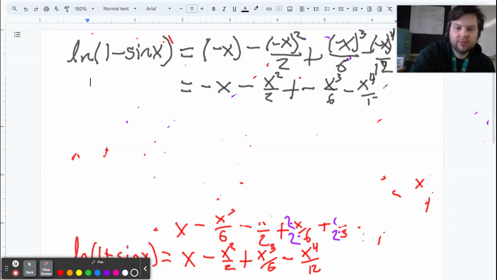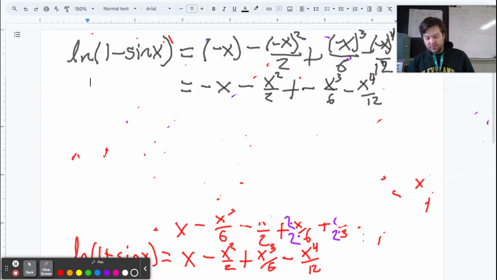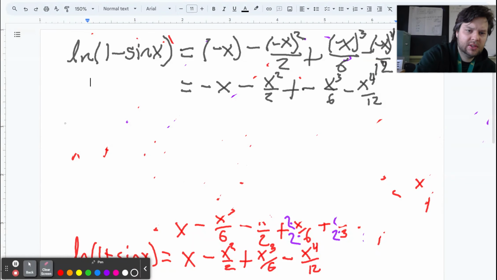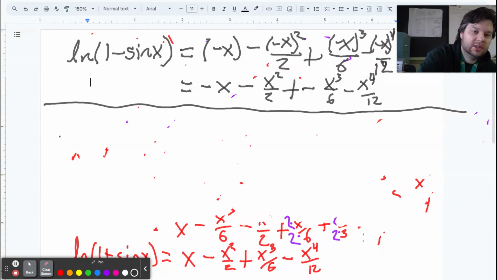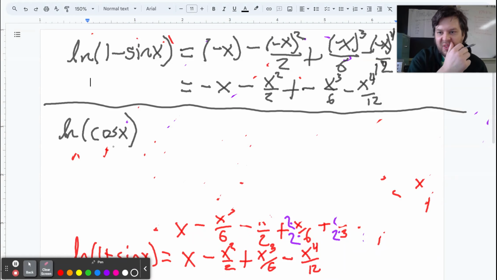Okay, so there's that. Then, bizarrely enough, it asks you about the natural log of cosine x. So this one's a tricky one. If you look at the natural log of cosine x, how am I supposed to use the answers that I already have?